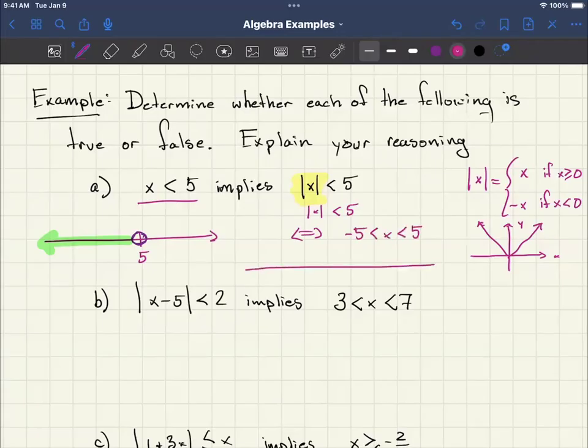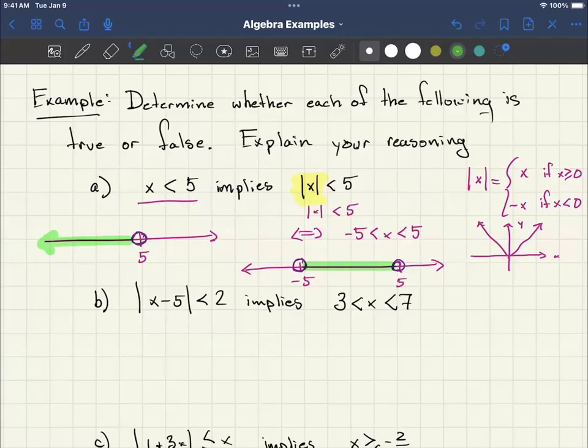So in this case, if we put our number line up, we'd have negative 5, we'd have positive 5. We are going to have open circles on both sides because we are not including the number 5. And we are going to highlight the information in between. So that's what absolute value of x less than 5 looks like on the number line.